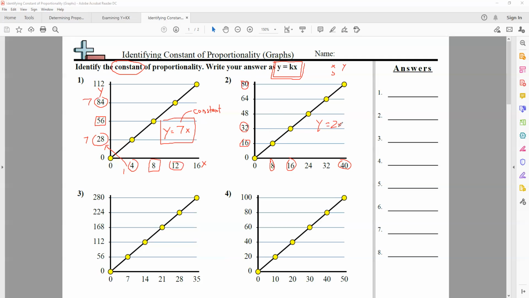Next, number 3 would be y equals 8x. That was easy. Let's do number 4. That would also be y equals 2x. This is pretty simple.